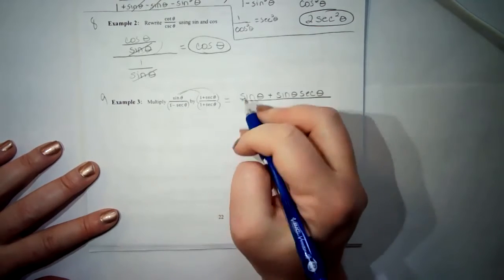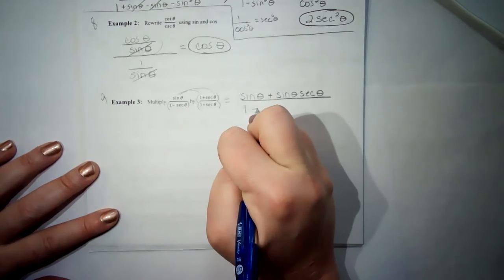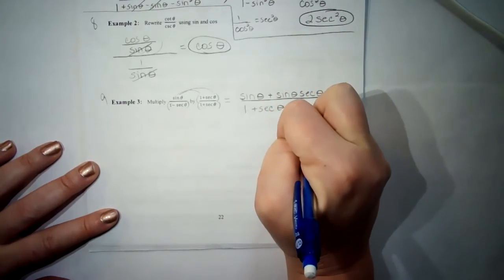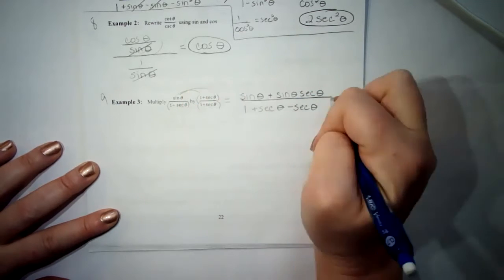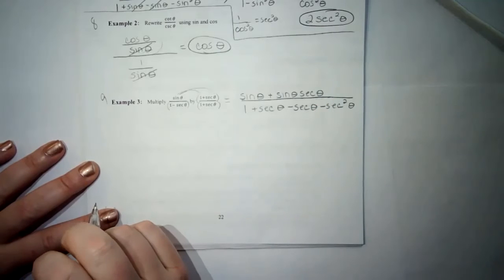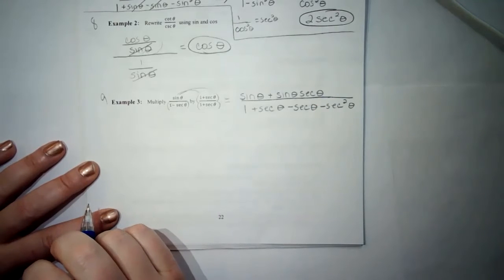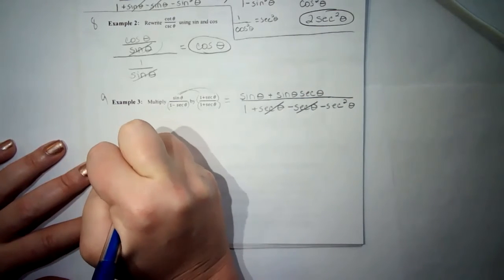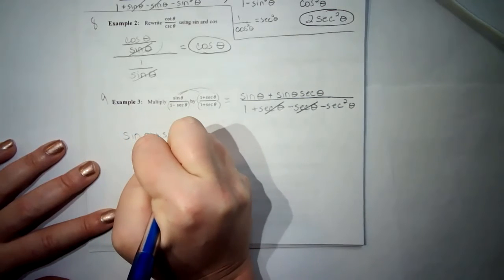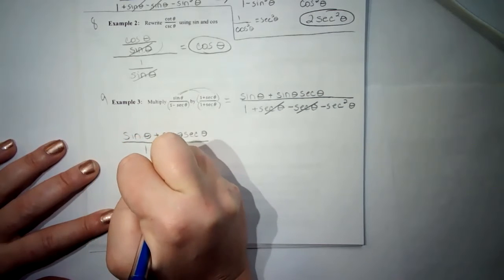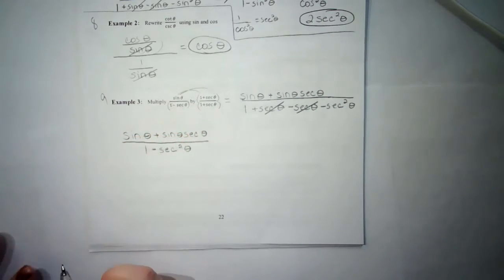We're going to do 1 times 1, 1 times secant, negative secant times 1, and a negative secant squared theta. Okay, everybody got that so far? All right, I already see something that would cancel, which is kind of nice. So let's write this over. Sine theta plus sine theta secant theta all over 1 minus secant squared theta.